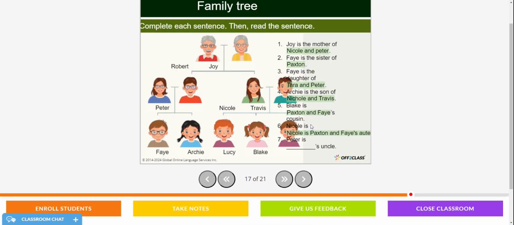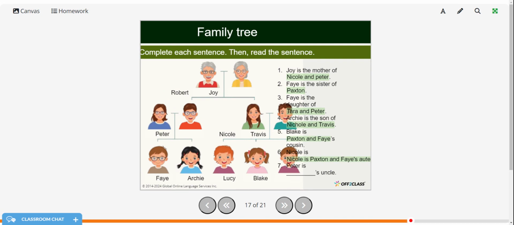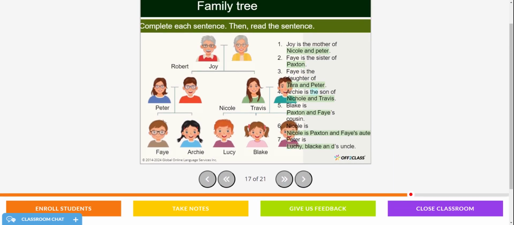And Peter, so Peter is Lucy, Blake, and, not sure what this little boy's name is. Maybe Archie's. Oops, Blake. And Archie's uncle.